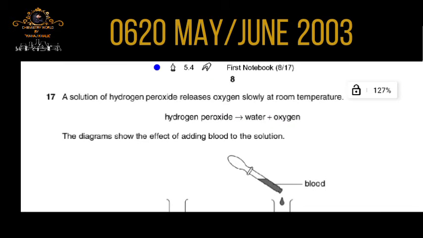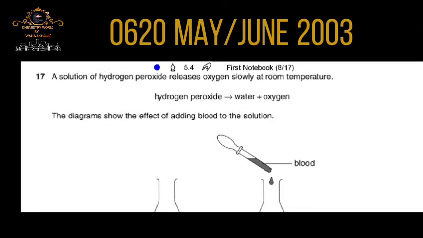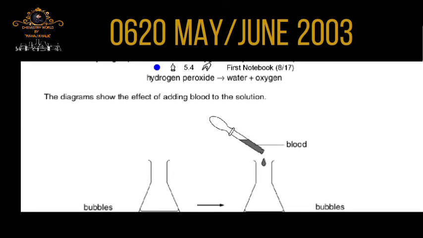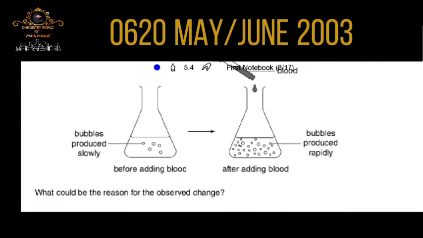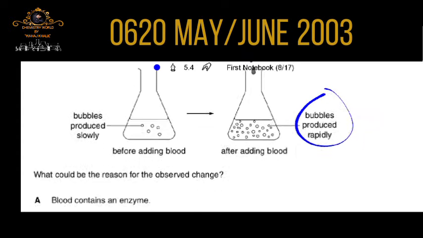MCQ number 17. A solution of hydrogen peroxide, H2O2, releases oxygen slowly at room temperature. The diagram shows the effect of adding blood to the solution. After adding the blood, the bubbles are produced rapidly.